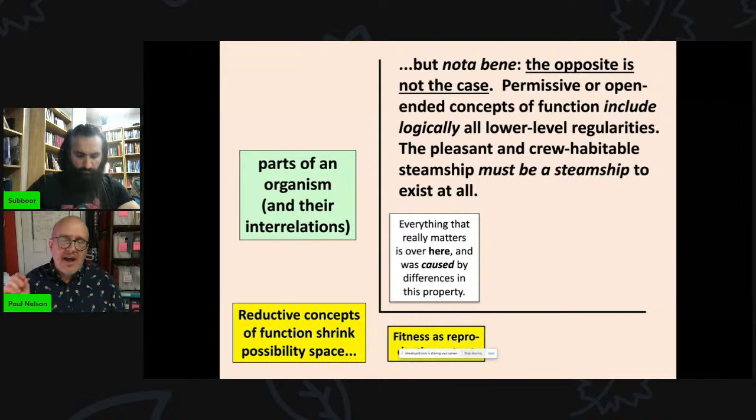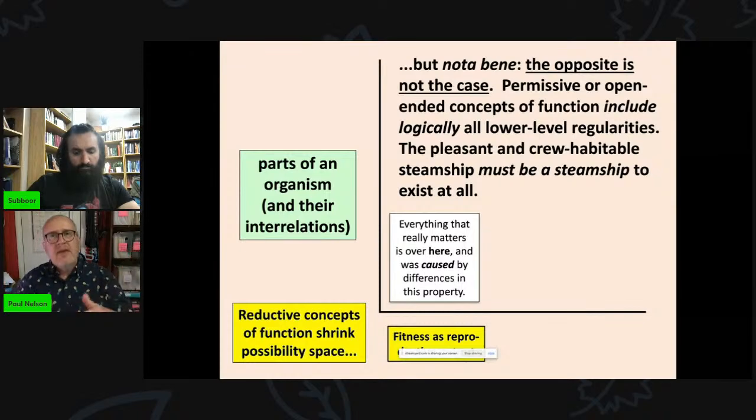But notice the opposite is not the case. If I have an open-ended concept of fitness, in the sense that I don't need to funnel everything analytically through that bottleneck of fitness, then I have a much larger space to work with.